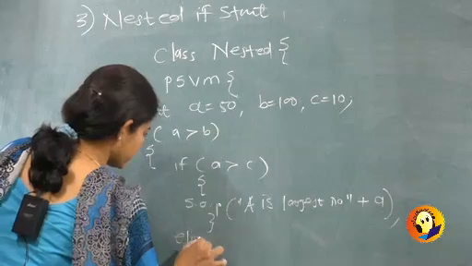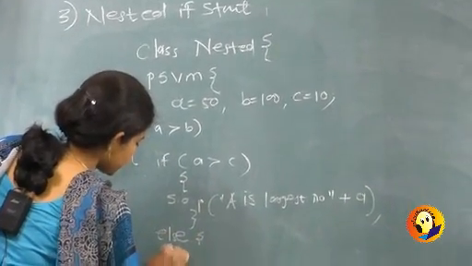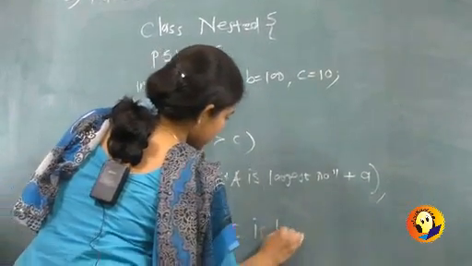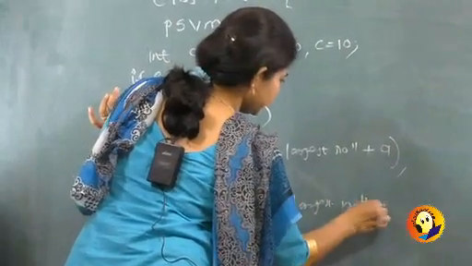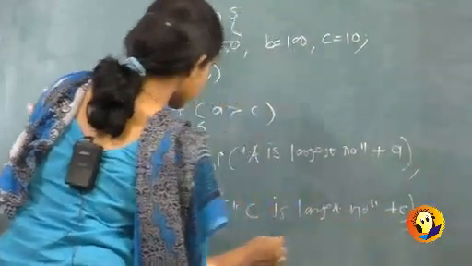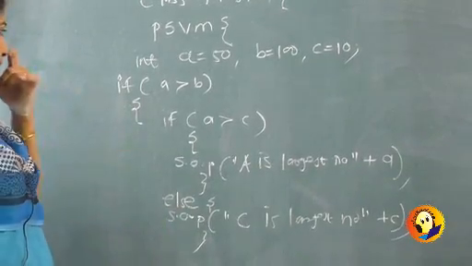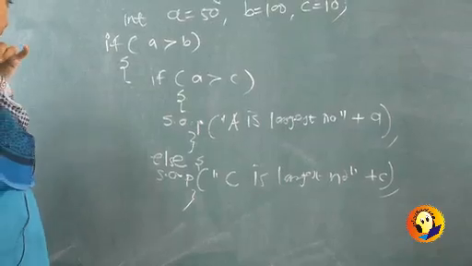Else, what you need to display? System.out.println "c is largest number", and you need to display the value of c on screen.